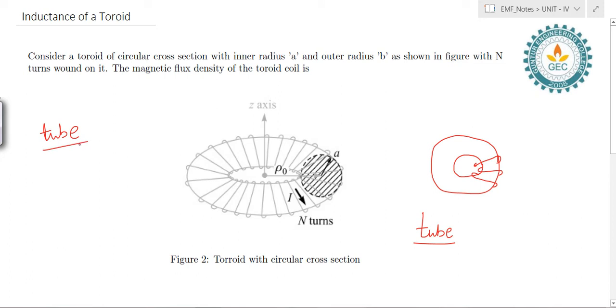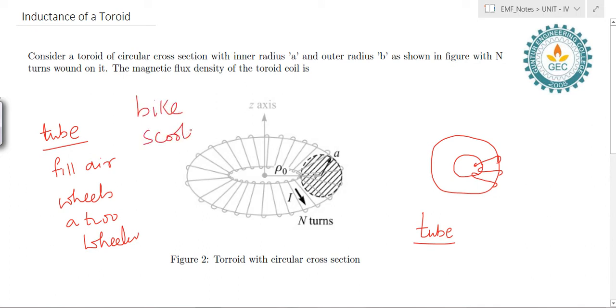a tube that we use to fill air in the wheels of a two-wheeler, like your bike or scooter, anything. When your bike or scooter gets punctured, the mechanic will take out the tube and repair it.